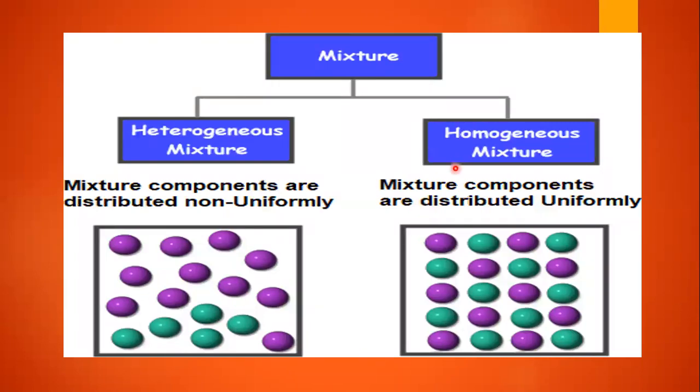If it is a homogeneous mixture, that means it is properly combined, then we are going to have complete combustion here. The molecules are going to be mixed like this. What if it is a heterogeneous mixture?